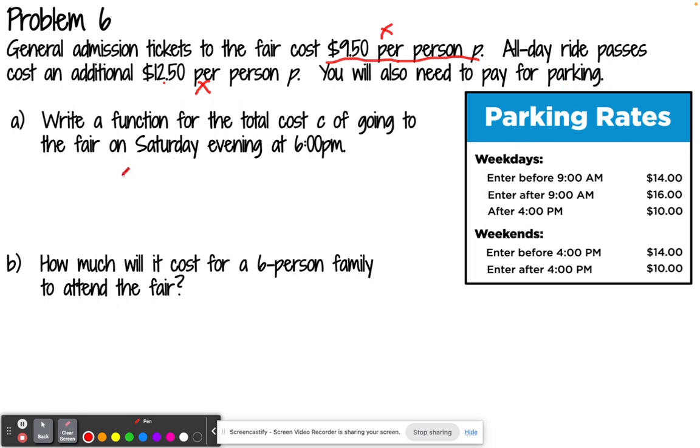So my total cost of going to the fair, it says on a Saturday evening, that'll be important for parking, is $9.50 per person to get in the door, and $12.50 per person if I want to go on those rides.